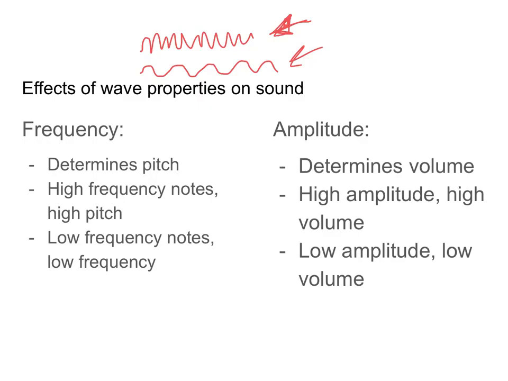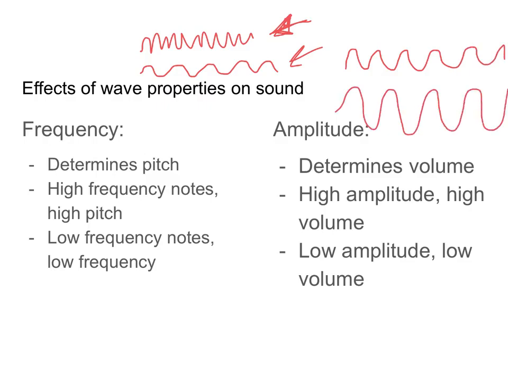The amplitude again is the height or the level of disturbance of these waves. So we have an amplitude of this one right here versus this right here. This is going to affect the volume because remember, amplitude means energy and it affects how much energy these waves are carrying.